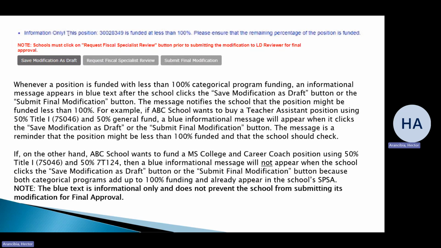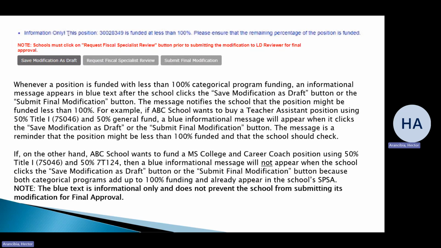So, for example, if ABC School wants to buy a teacher assistant position using 50% of Title I 7S046 and 50% of a general fund, you would see this blue informational message when you click your Save Modification as Draft or Submit Final Modification. The message is just a reminder that that position may be less than 100% funded and that the school should check.